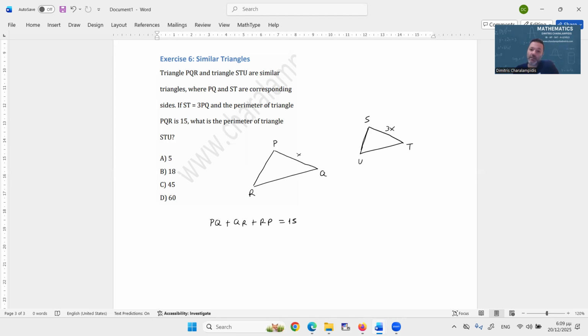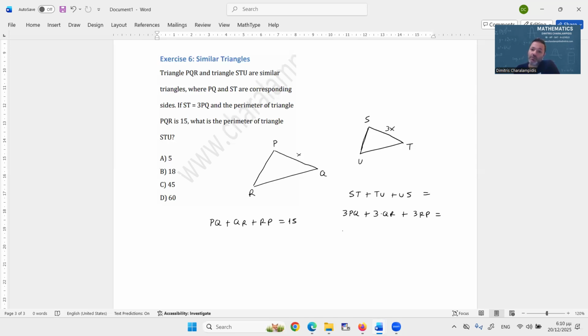The perimeter of STU is ST plus TU plus US. But, like I said before, from the given info, we were able to identify that the sides of STU are 3 times the corresponding sides of PQR. So ST would be 3 times PQ, TU would be 3 times QR, and US would be 3 times RP respectively.